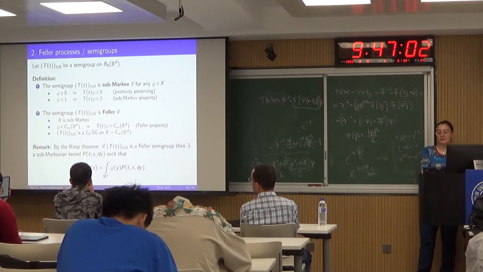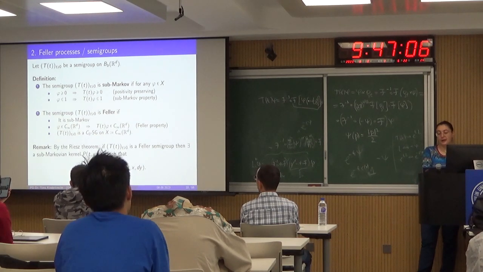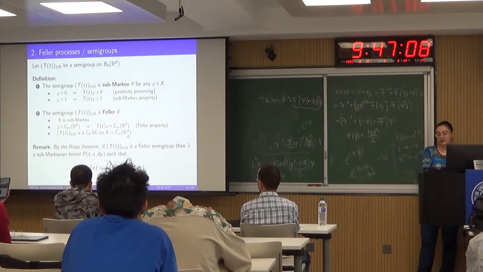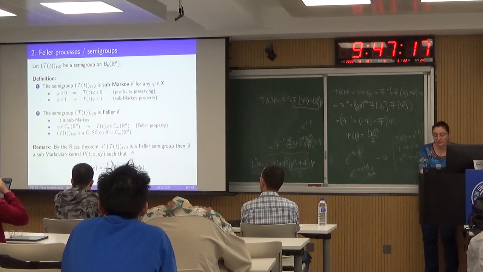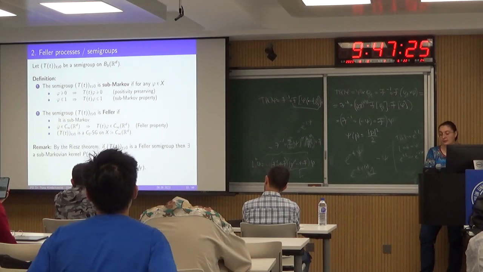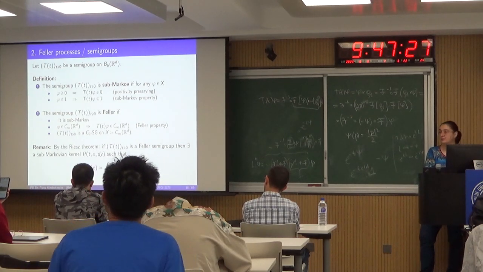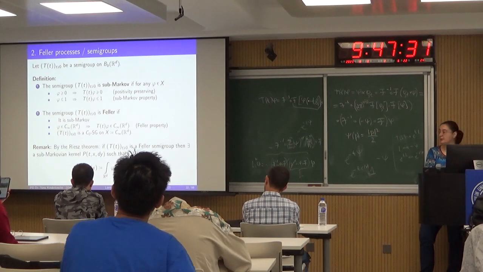So using the Riesz theorem, it turns out that if we have a semigroup which is defined on C infinity, and which is sub-Markov, that is, it has these two properties, then considering this action and fixing small g and this x, we obtain a linear functional on the space of continuous functions, and it has a representation by means of some measure.